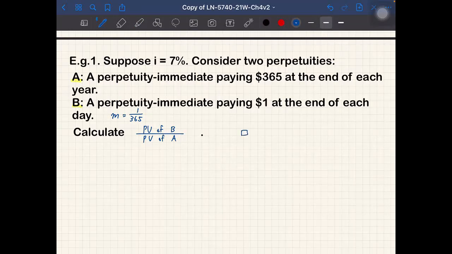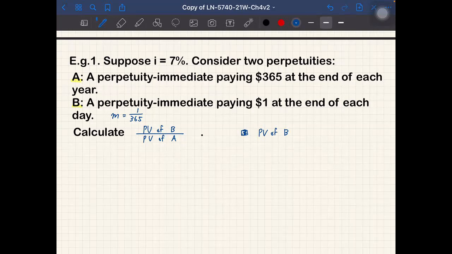Which is larger? You can say that B is larger because the payment is earlier. For perpetuity A, you have to wait for 1 year to receive some amount. But for B, you can receive $1 each day, so you receive money earlier, while in total, in 1 year you still receive $365.